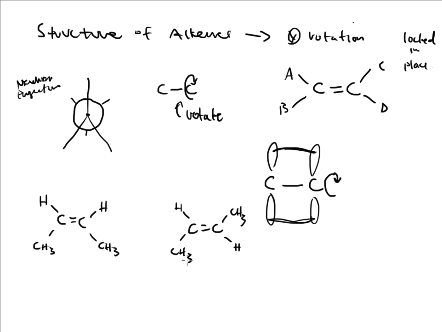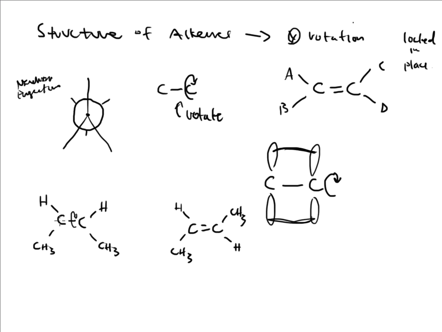In the world of alkanes, this would not be a problem. If this was an alkane, this would be a single bond, and this bond could freely rotate around and around, and we would constantly get both.